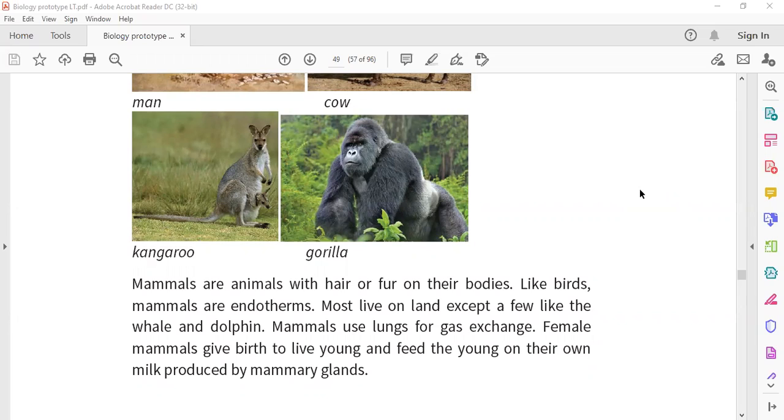So in water we have some mammals which typically live there: the whale, the dolphin, what we call the sea lions, sea elephants, certain organisms which look like the ones on land, but we see them in water.